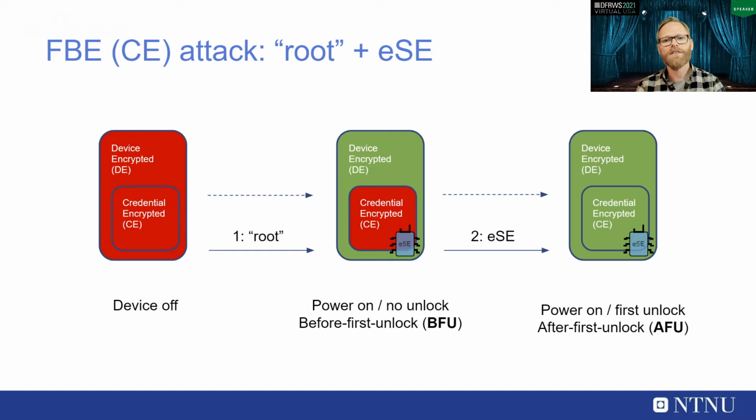So we only looked at the second phase, on this new secure element chip, which was introduced on new modern phones. So we need to first attack the rich execution environment to gain root, which we assume we already had, and then look if we can attack the secure element chip, which takes the device from BFU to AFU state. So without having the credentials, can we attack this to take the device from BFU to AFU state to do digital forensics of credential encrypted storage?